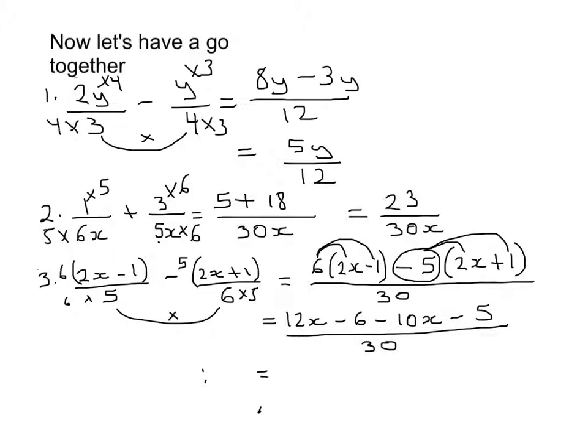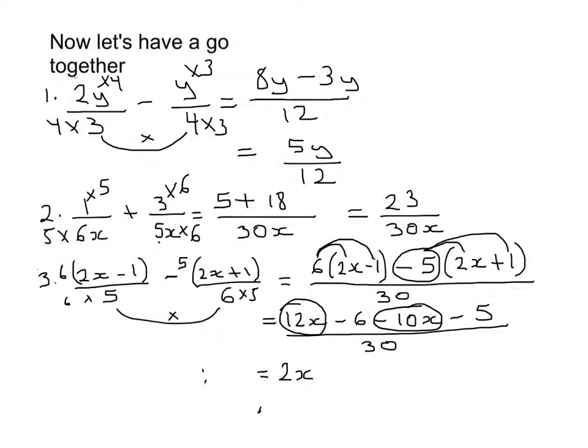Okay. Now, what's next? Collecting like terms. 12x minus 10x, 2x, minus 6 minus 5. If you can't do this just like that, use your calculators.